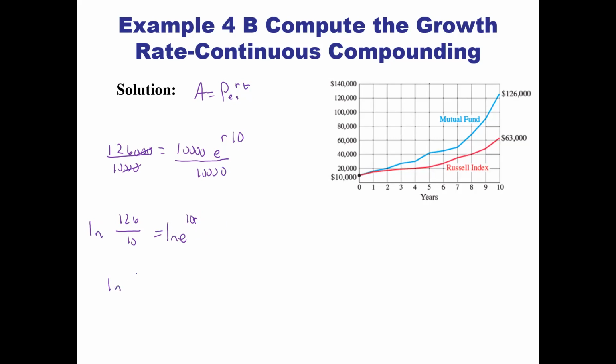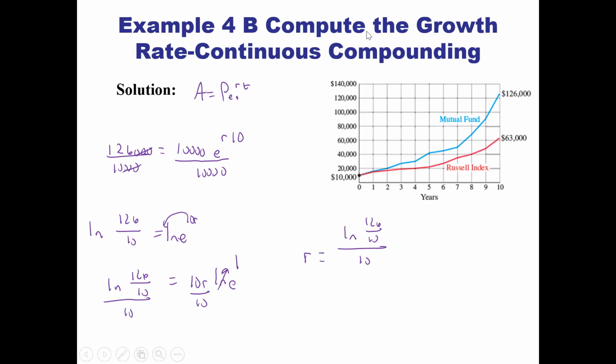So now we have the ln of 126 over 10 equals, and when we take the ln of this, that comes down in front, so we'll have 10r ln of e. Well, ln of e is just 1, and so we divide both sides by 10, and so r is just the ln of 126 over 10, divided by 10.